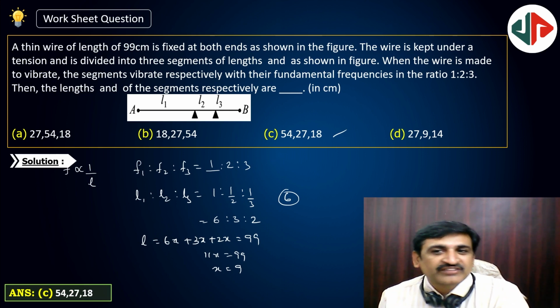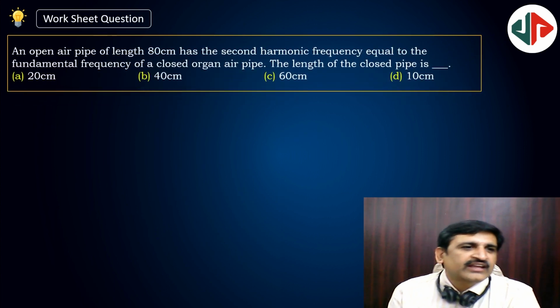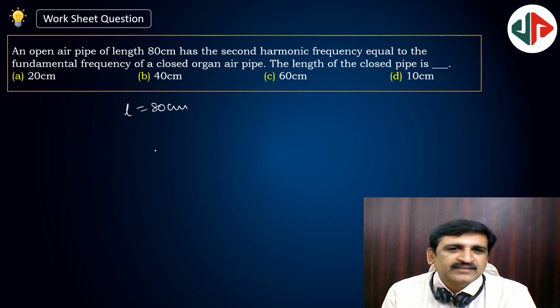Next, small frequency, longer length. Next, an open air pipe of length L is equal to 80 centimeter has second harmonic frequency equal to the fundamental frequency of a closed organ pipe.